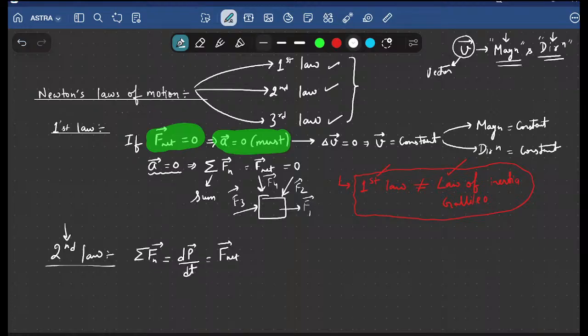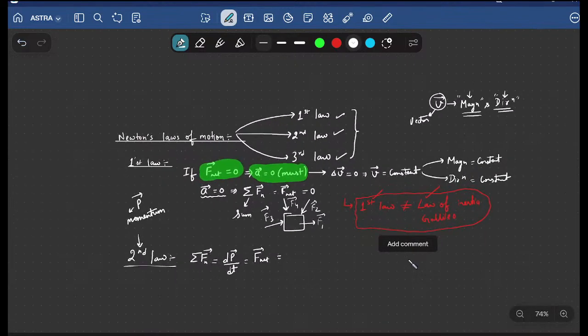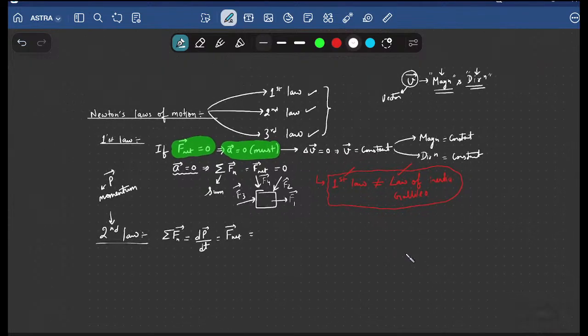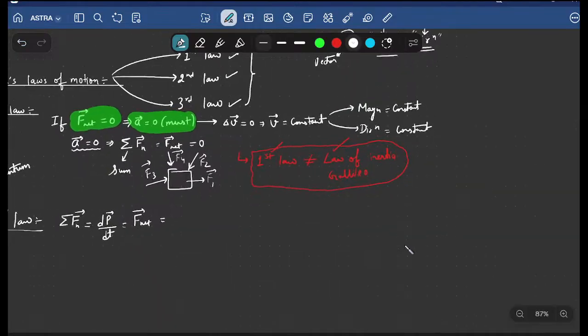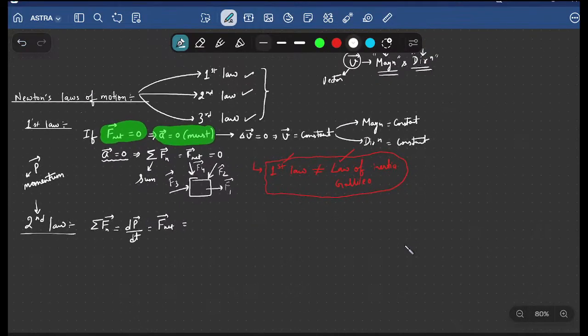Now understand very carefully, dp by dt is the net force, right? So what is p? p is momentum, right? So what is momentum? If someone asks you what is momentum, then generally what people say is that momentum is mass into velocity. I'm sorry, but this is not momentum.